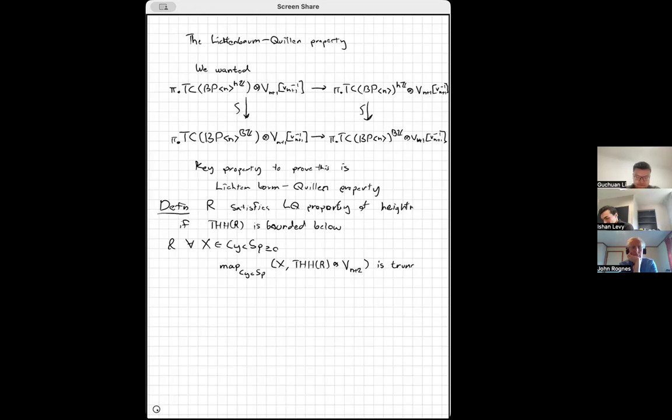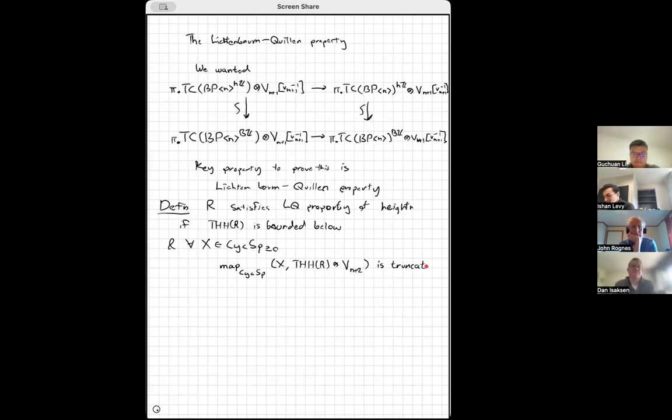In other words, it doesn't have higher homotopy groups beyond some finite point. Okay. So this is the Lichtenbaum-Cullen property.